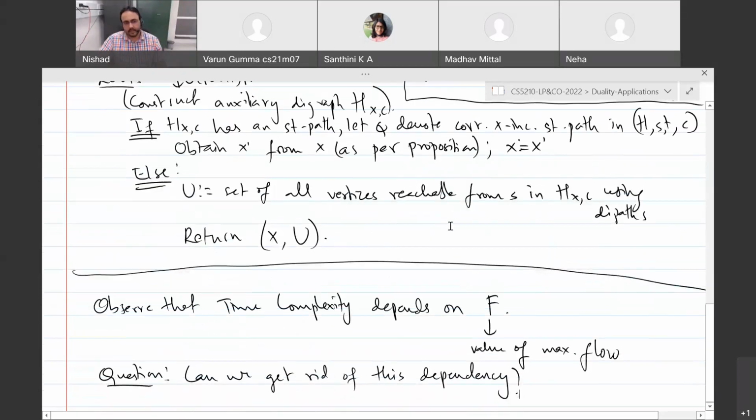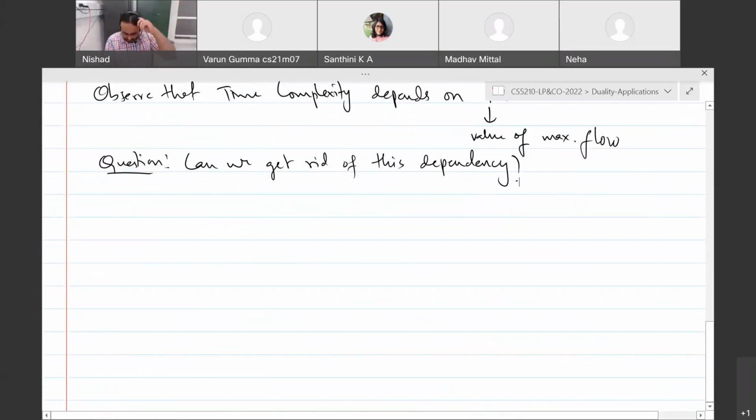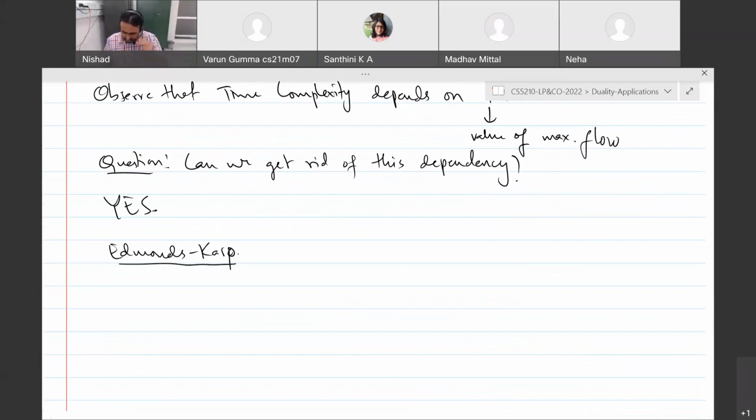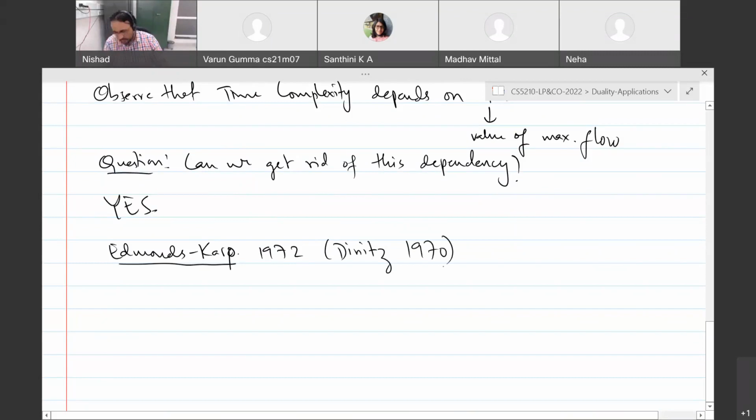Okay. So I'm not going to prove this because I want to focus on other things. So the answer is yes. And that brings us to Edmonds-Karp. This is from 1972. However, also it's popularly known as Edmonds-Karp. However, it was already known to Dinitz in 1970. Okay.